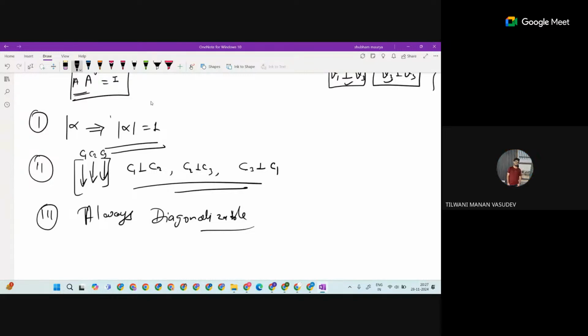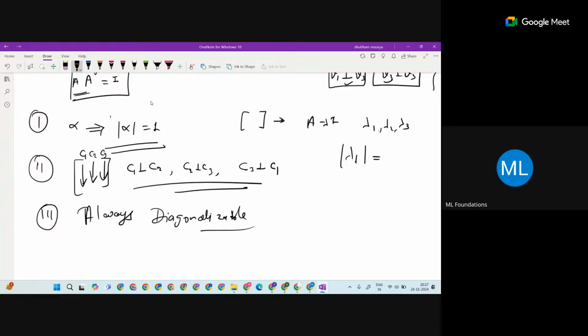Let's say I have a unitary matrix. By A minus lambda I, I got the eigenvalues: lambda 1, lambda 2, lambda 3.